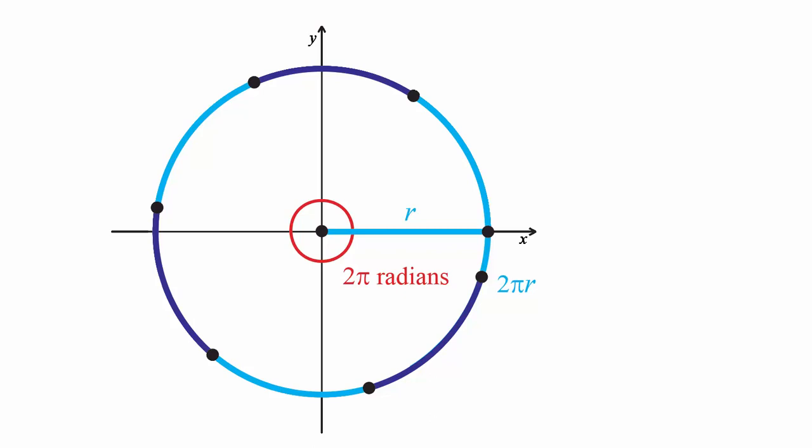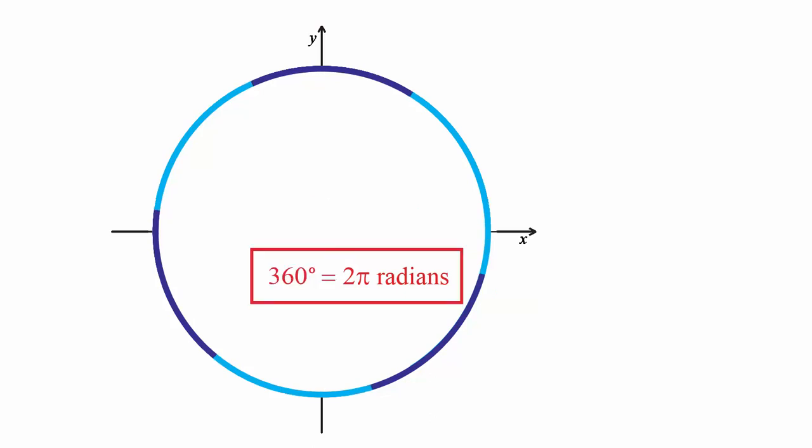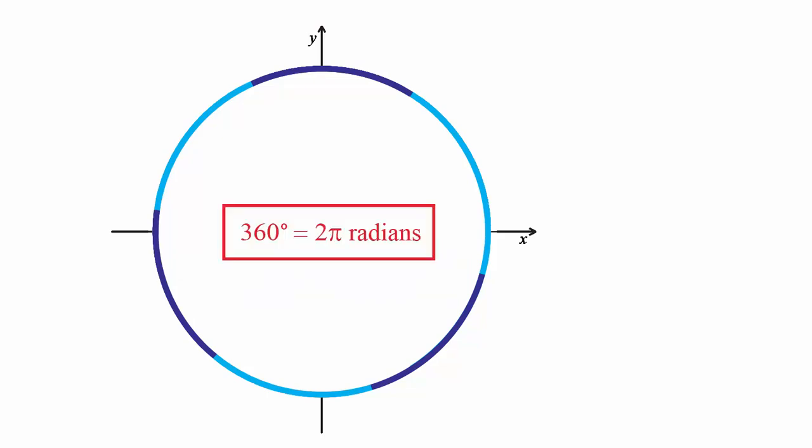So there's 6.28 radii that fit along the circumference of a circle. And this then leads us to the conclusion that the entire rotation around a circle, one full rotation, must be 2 pi radians. So that must mean that 360 degrees equals 2 pi radians.